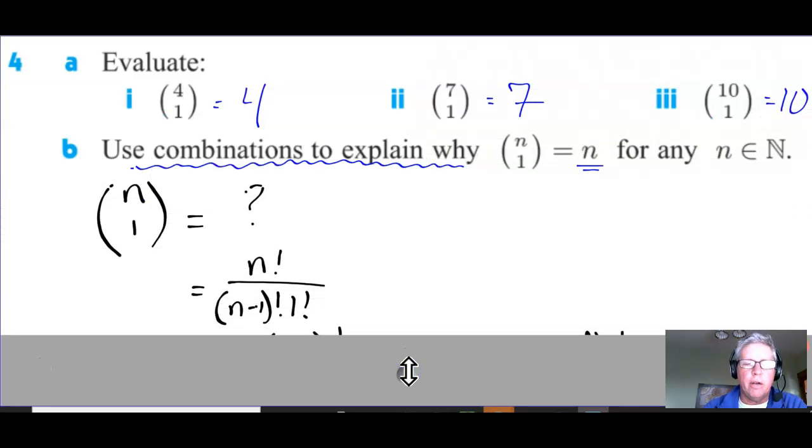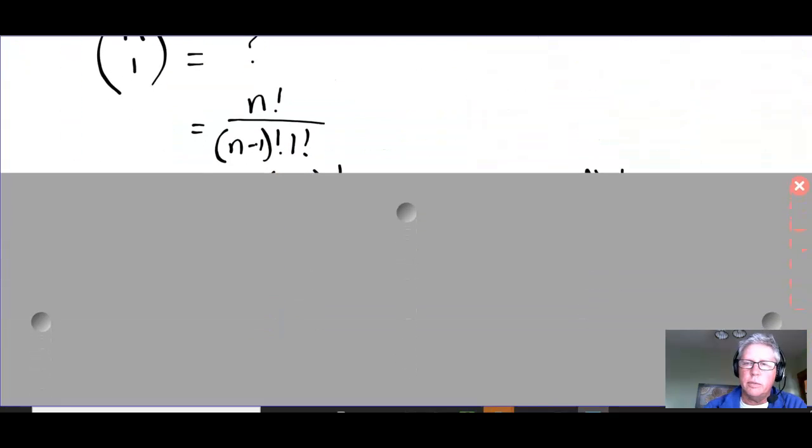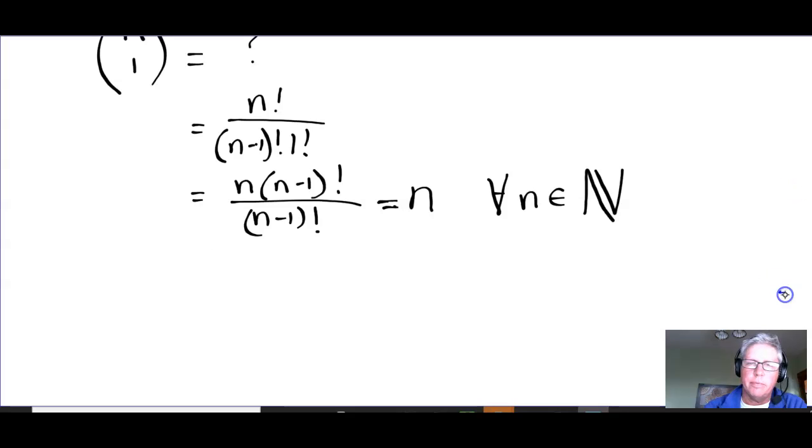We plug in our values, so the n minus 1 factorial, 1 factorial. Remember we did this in the very first thing yesterday, we can rewrite that as n times n minus 1 factorial. That's going to cancel on the bottom and we just get n. So there we go, we've proved it.